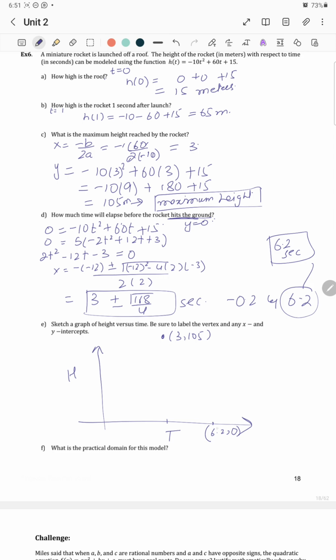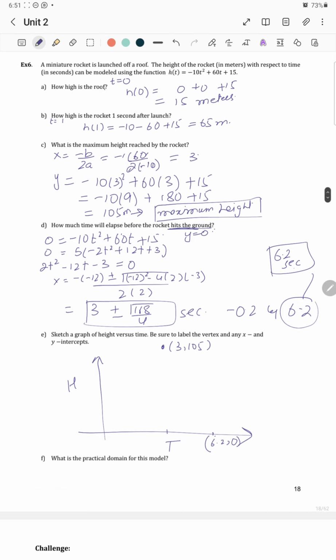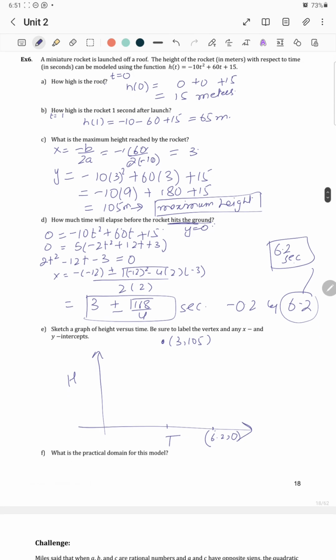At the start, the height from the roof would be 15 meters, so y is 15 and x is 0. So the graph is going to be like this. It's a parabola, not a rectangle or triangle.